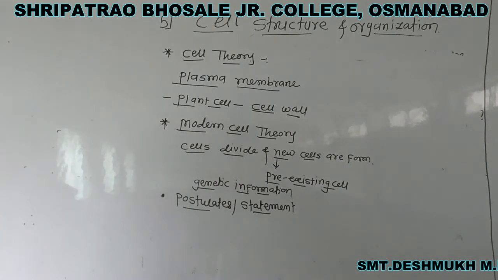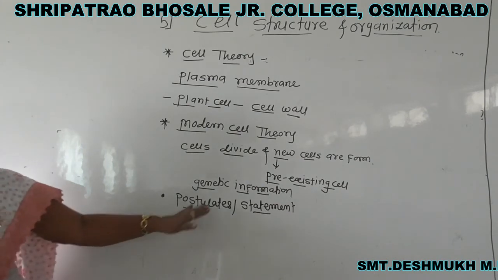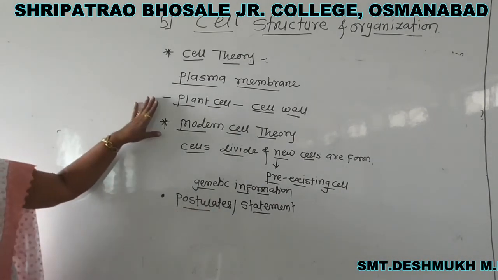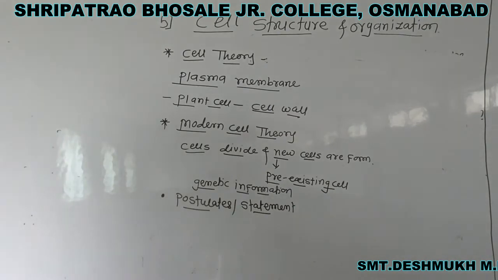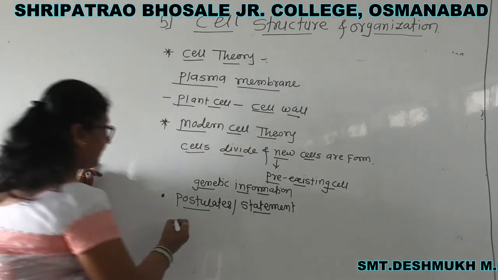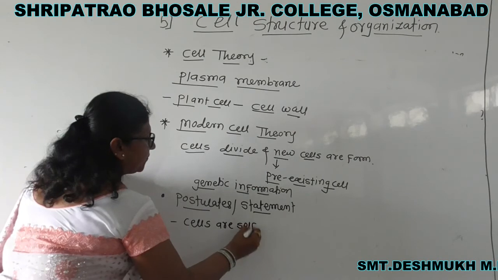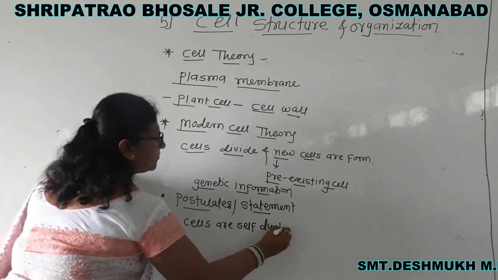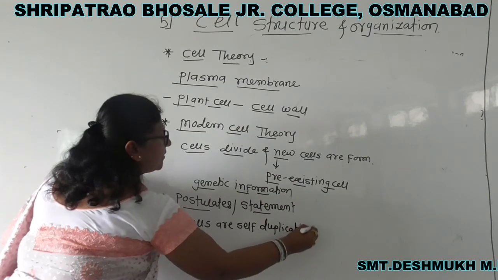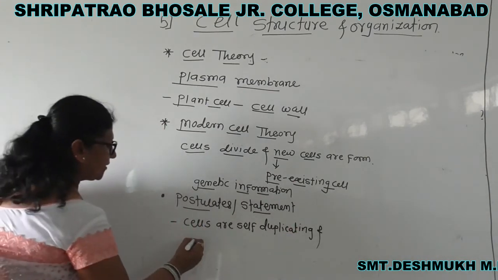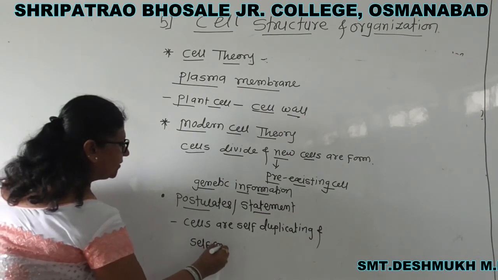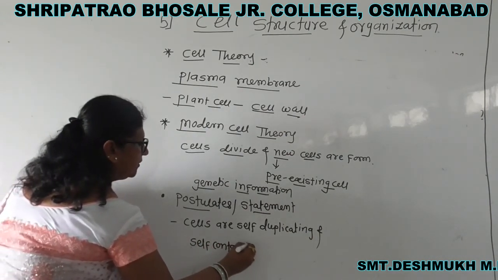The last postulate of modern cell theory: cells are self-duplicating and self-contained units.